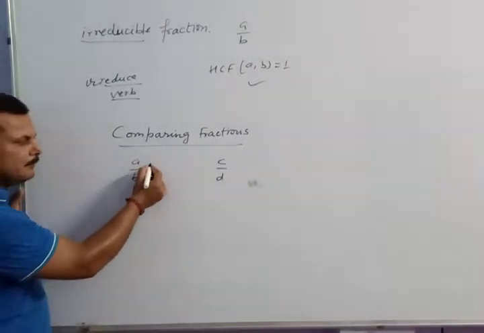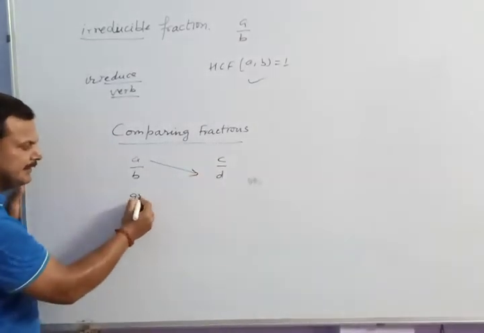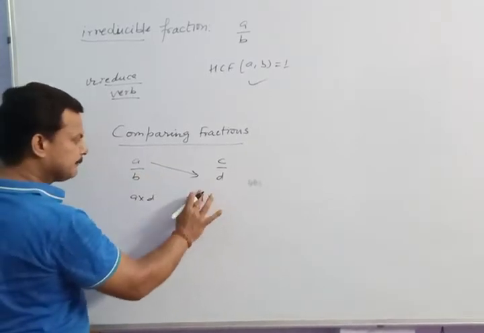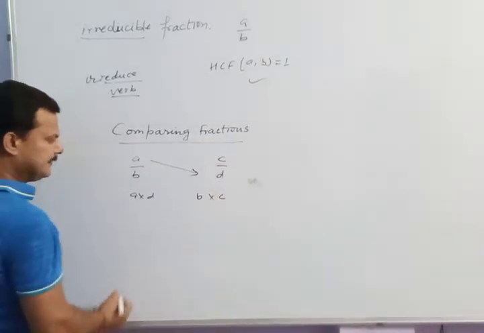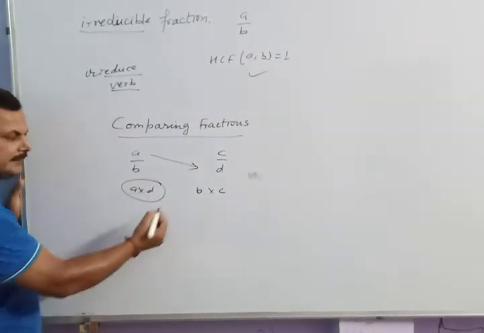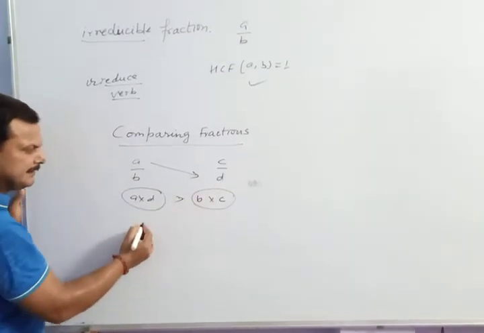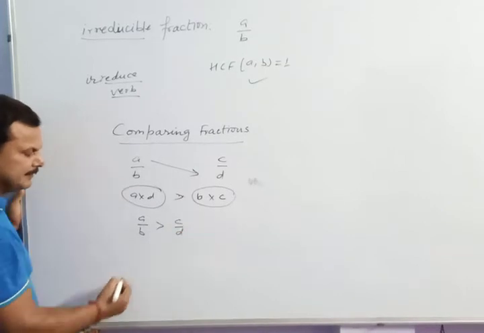See, you multiply diagonally: first numerator with second denominator, a into d, and first denominator with second numerator. If this product is greater than the other, it means the first fraction is greater than the second fraction.